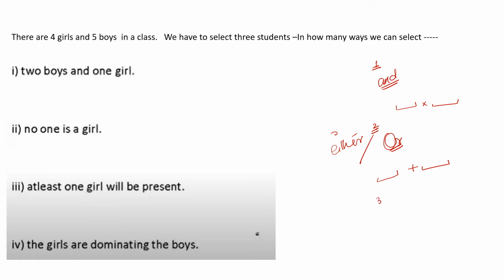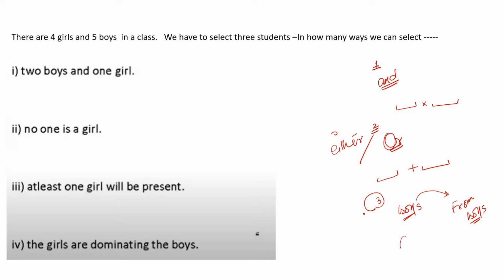Now the third important thing is that in case of combination, if they ask you to select, for example, the boys, then you will select the boys from the boys. It is not possible that you will select the boys from the girls.